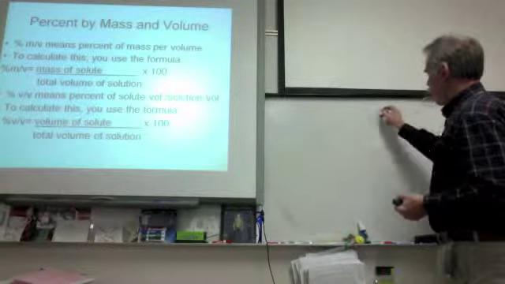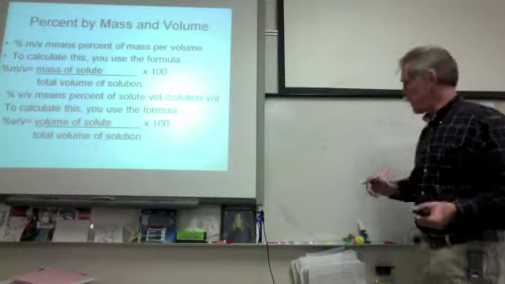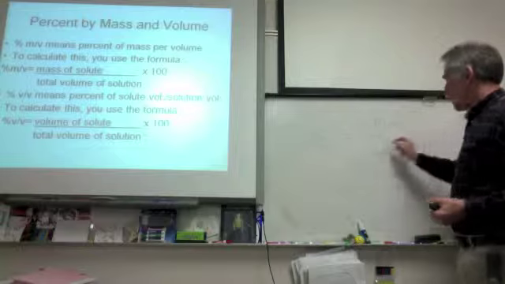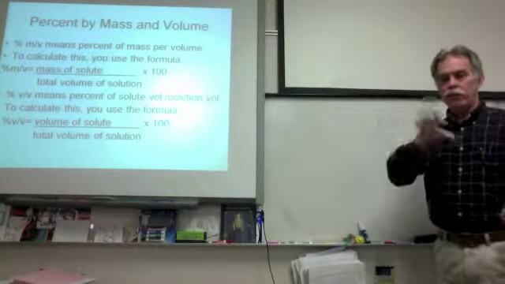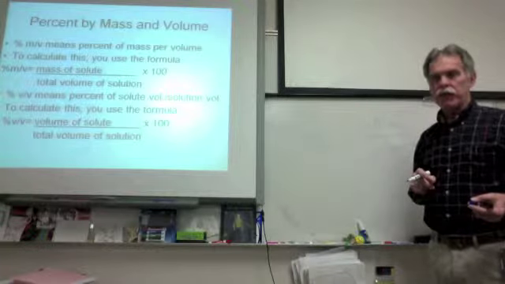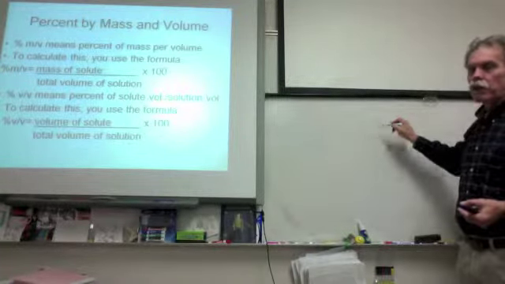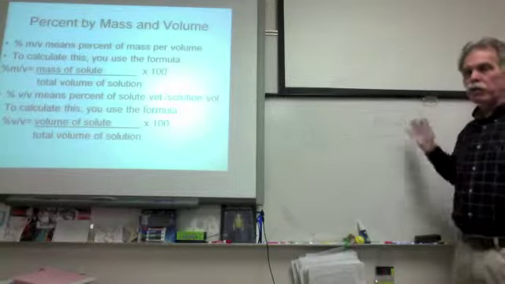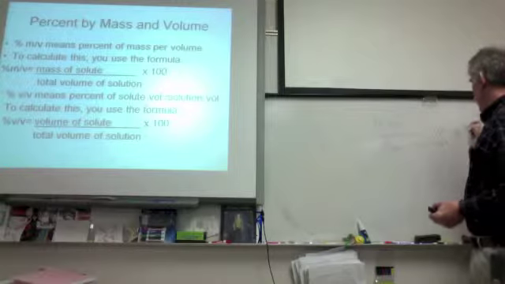So this would be how much the solid weighs that you're putting in, in grams, and this would be how many milliliters the solution is total after you've added the solid. So this would be the grams of solute, and this would be the milliliters of the solution total once you're done, times 100%.